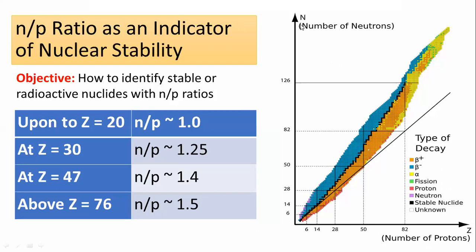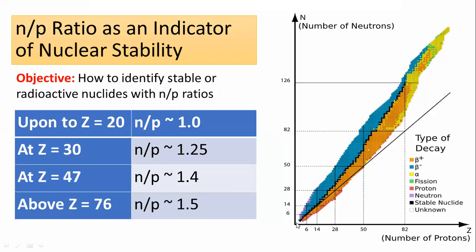We are going to discuss the neutron and proton ratios, or the atomic number and the number of neutrons. What would the ratio be in the case of stable or unstable, that means radioactive, nuclides? Look at the start of the graph from here to here. These nuclides, in black, are the stable nuclides.